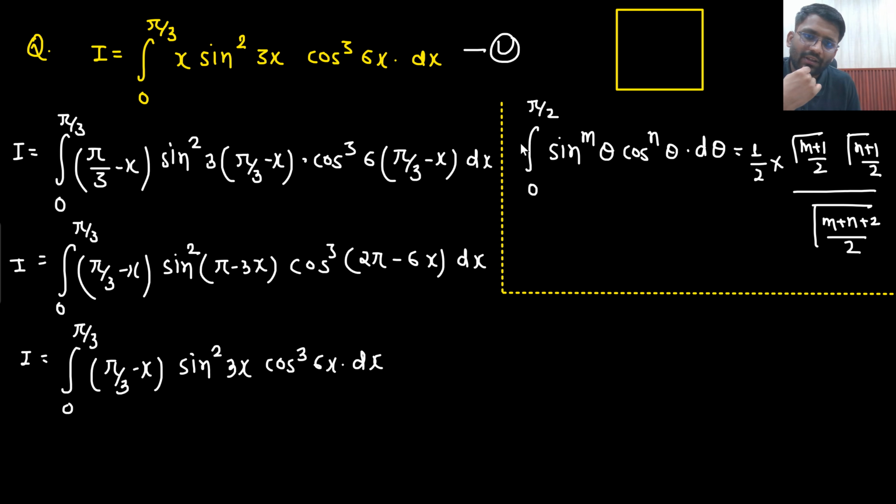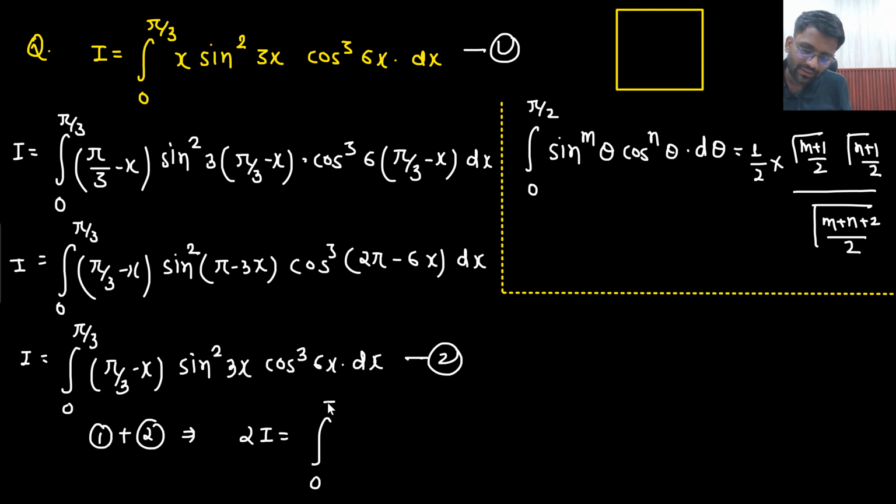This is your equation 1, this is your equation 2. If you add both of these equations, what you will get? Can you add equation 1 and 2? If I add 1 and 2, what I will be getting? I plus I will become 2I, 0 to pi by 3. Now, if I add both of them, then this much will become common: sine square 3x cos cube 6x.